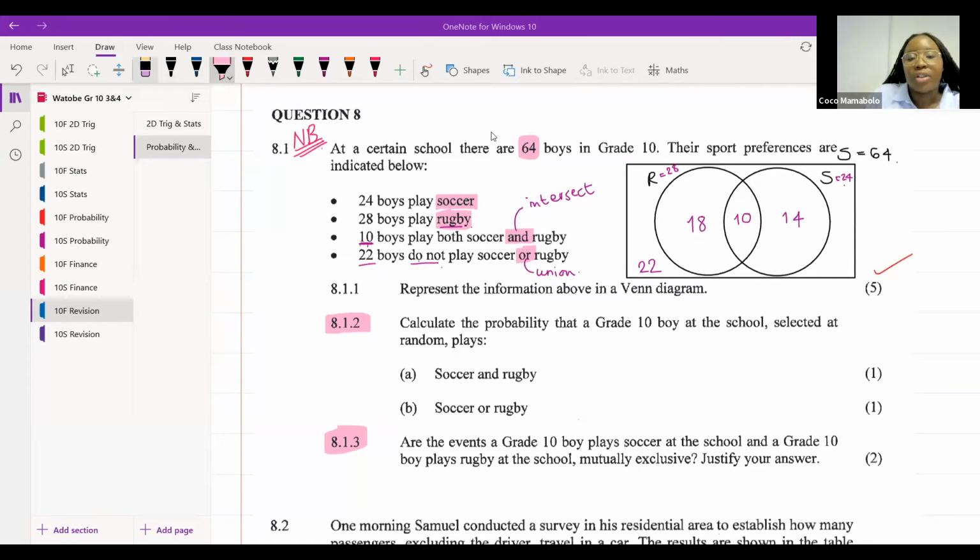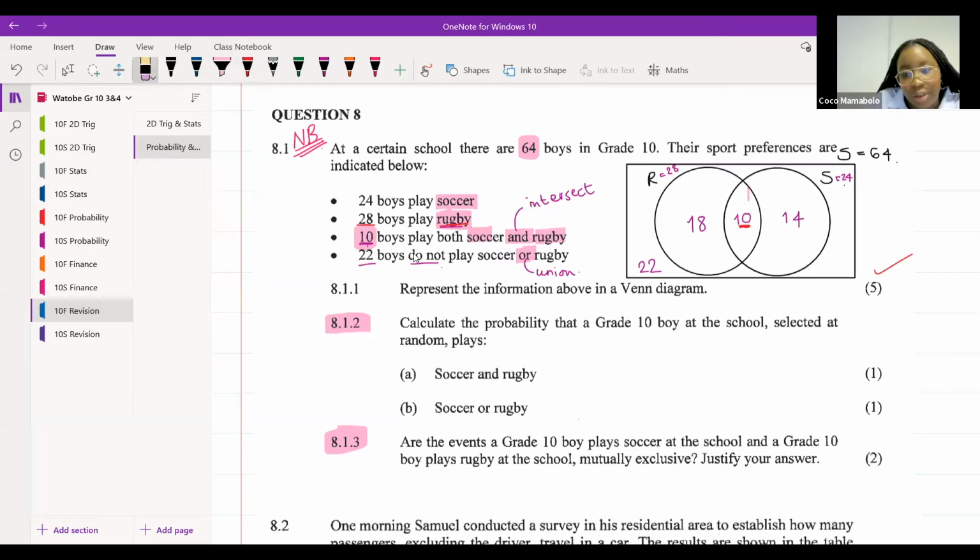Okay. All right. So the question over here says to us that 10 boys like both soccer and rugby. So you agree that this 10 needs to go in the middle. Yes? Yes, ma'am. Good. Right. Excellent. But now they're telling us, Unati, that 28 boys play rugby, right? So if 28 boys all together play rugby, we've already counted the 10 in the middle.